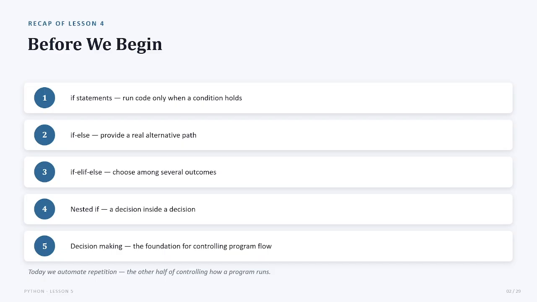Before we begin, let's quickly revise the previous lessons. In our lesson number 4, we learned about decision making. We learned then that an if statement allows Python to check a condition. For example, age is equal to 20. Let me show you.